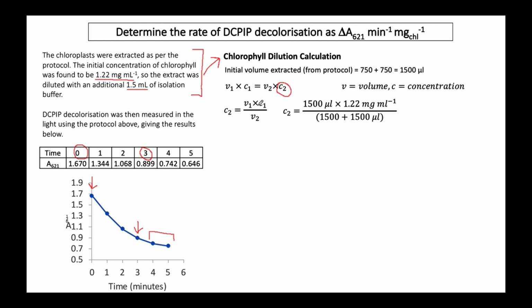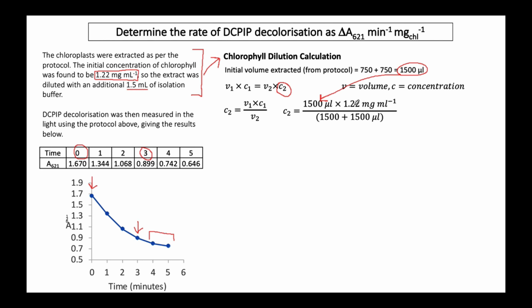So I can now substitute in some numbers. V1 is the undiluted volume, so that comes from the protocol. That's this number here, which goes into the equation there. I had 1500 microliters to start with. This number here is the undiluted concentration.